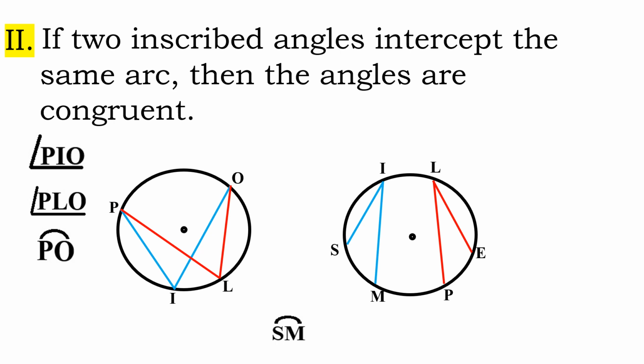Now, if the intercepted arc of angle SIM, which is arc SM, is congruent to arc EP, then we can also say that angle SIM is congruent to angle ELP.